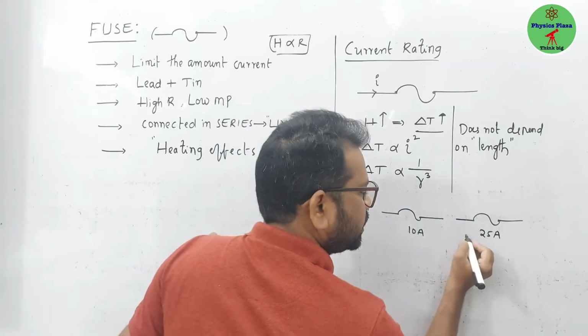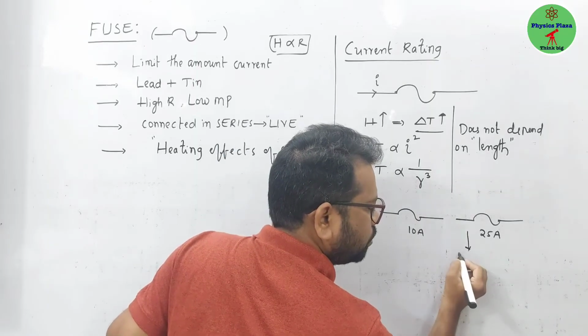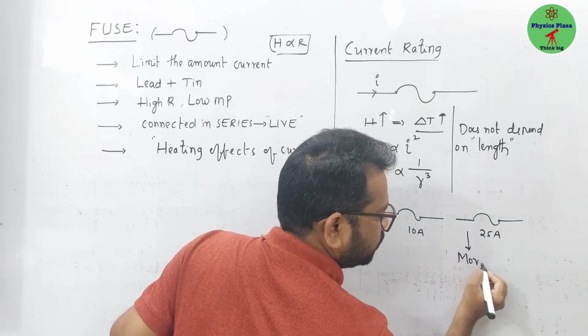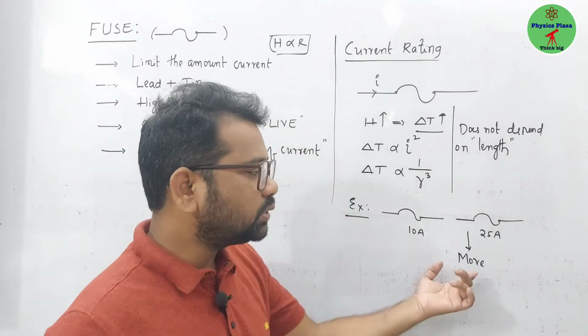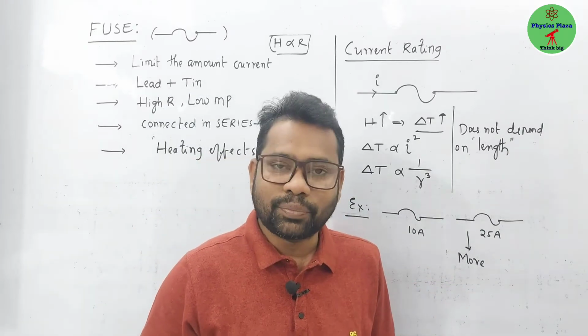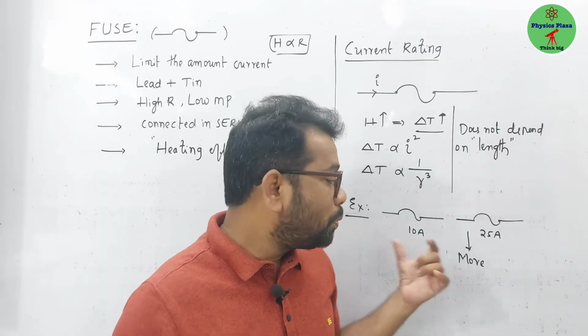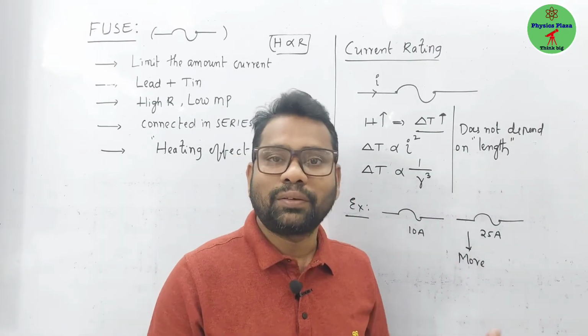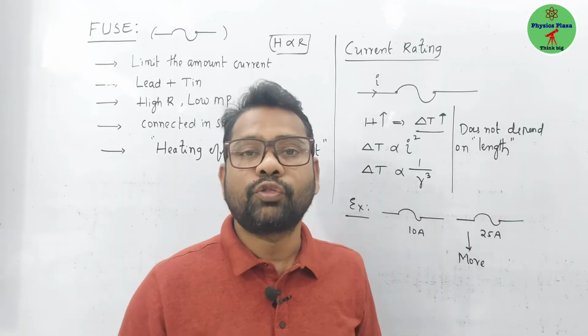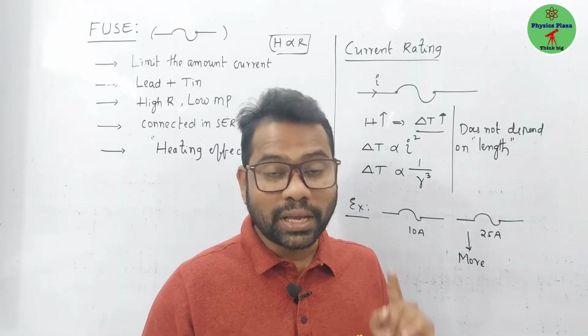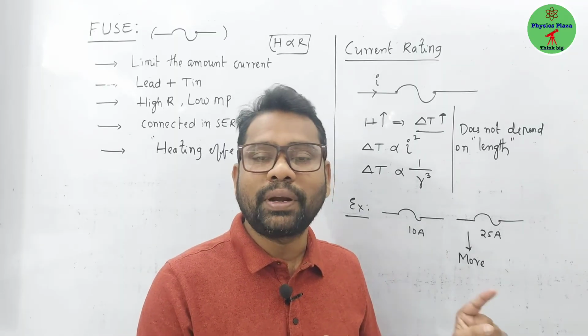Obviously, children, the 25 ampere one is thicker. More thickness means it carries more current. Then which one will have more length? Children, both might have the same length. Why? The current rating of a fuse wire does not depend on length.